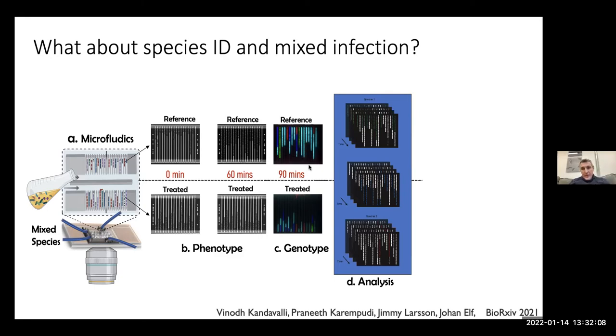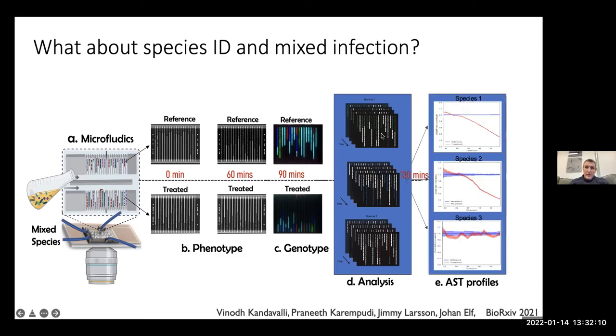You can pick out all the ones that have the same FISH probe corresponding to one species, and look at the phenotypic responses only for those, so that you can distinguish. In this case, 2 of the species are responding to the antibiotic and the 3rd one is not. And this is a story that we are trying to publish now, so work by Vinod and Pranit in my lab.